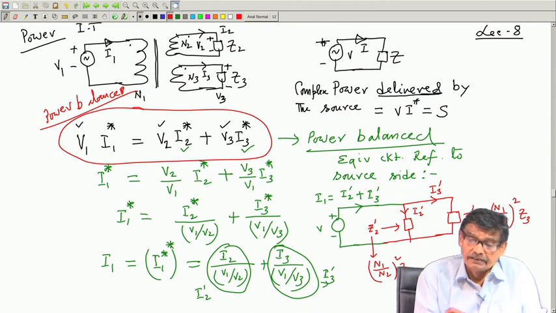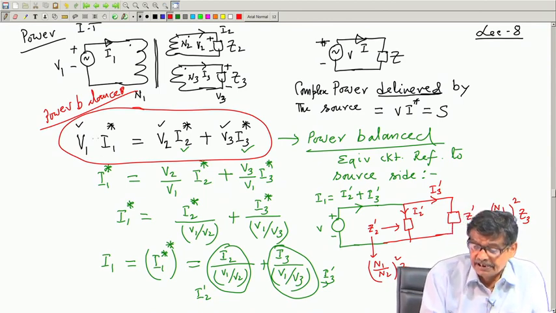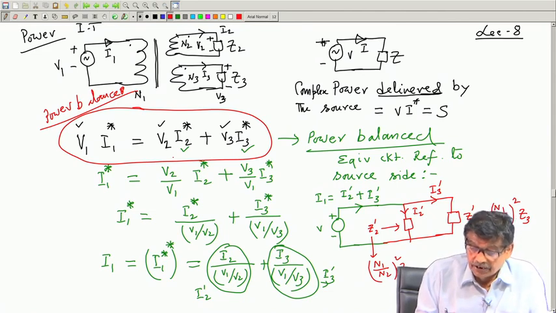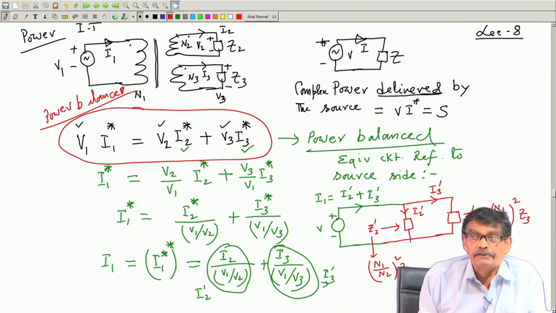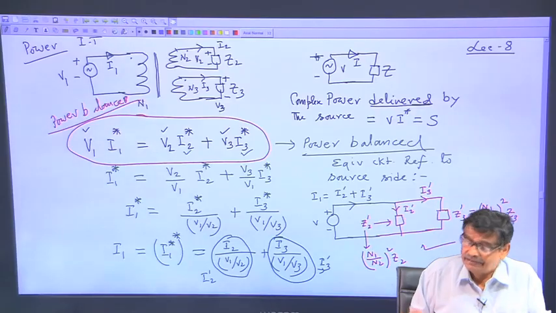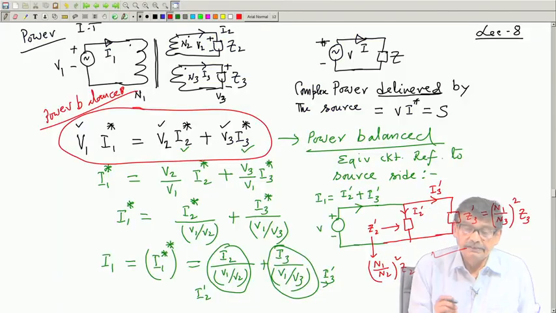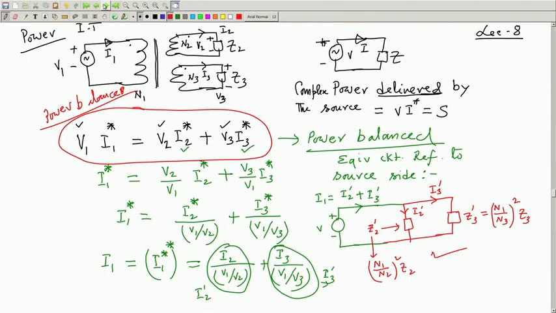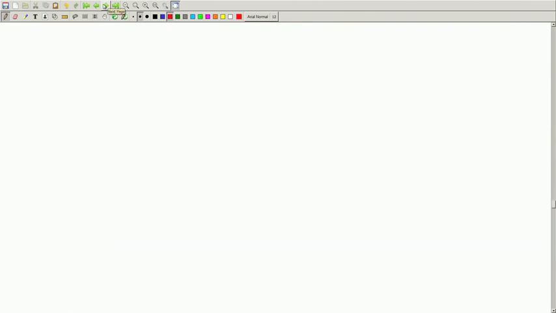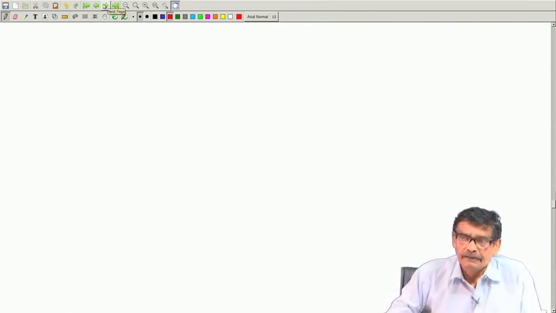And please go through this concept V I star, solve this, get I star, but do not forget to take once again the complex conjugate, so that it becomes I 1, and this is done. Okay. So, this is the thing I wanted to tell about ideal transformer.